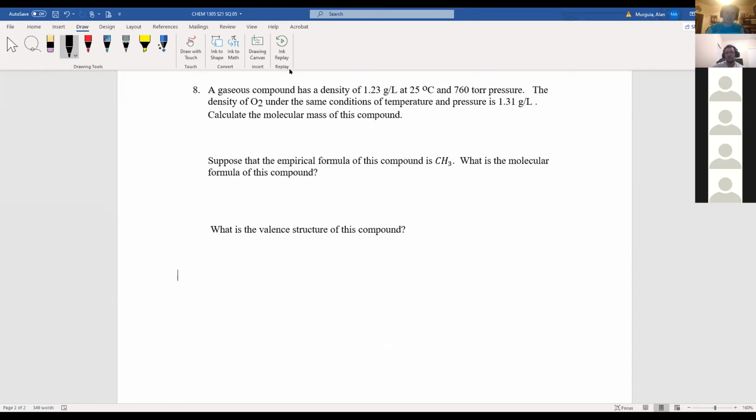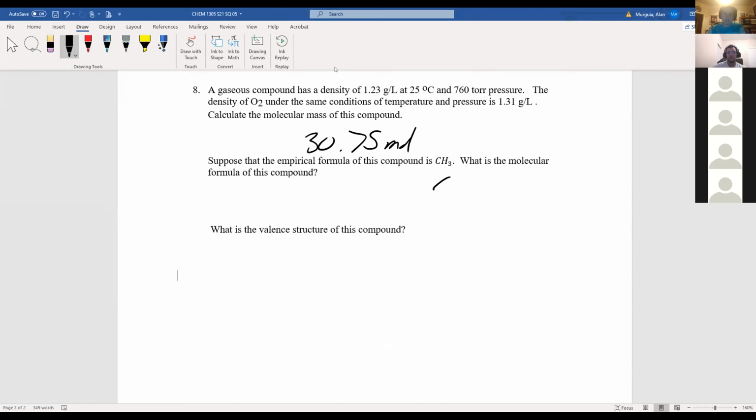So that's what we calculated from this gas. It should be 30.75. Okay. So down here, we're supposed to assume the empirical formula of the compound is CH3, and it's asking what the molecular formula is.